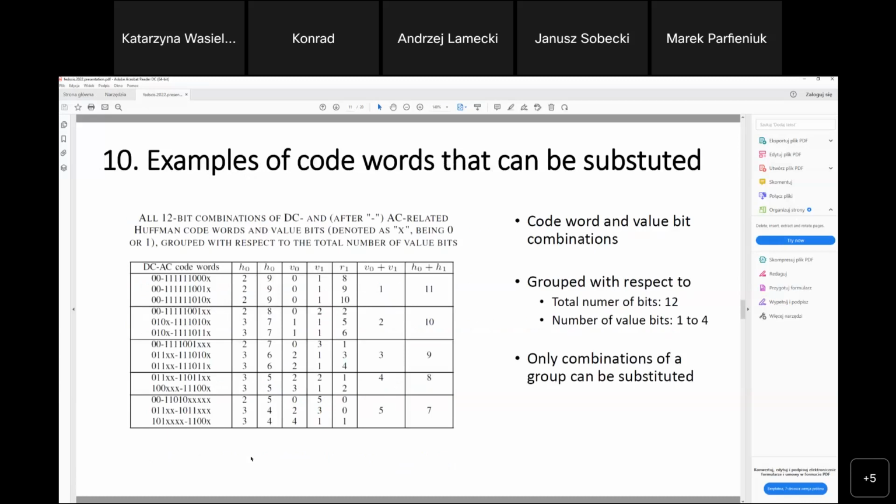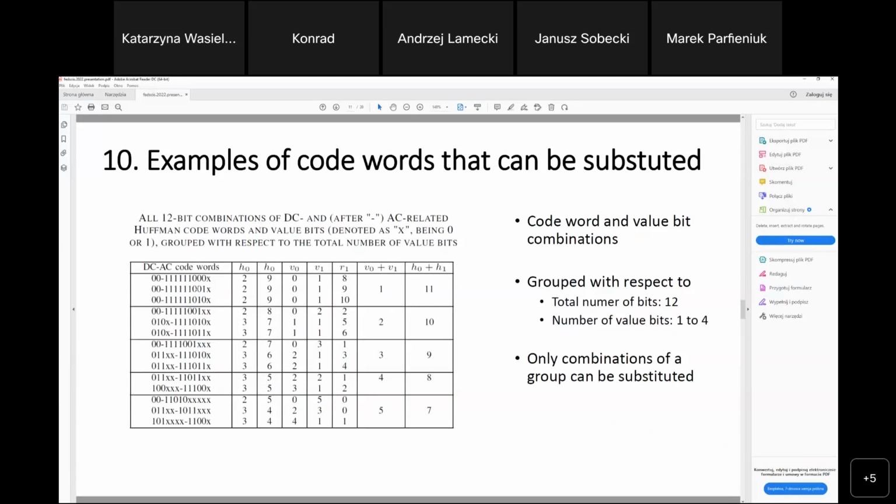In this slide, we can see a table which shows the sum of many possible combinations of DC and AC related Huffman code words and value bits. These are all possible 12-bit combinations.